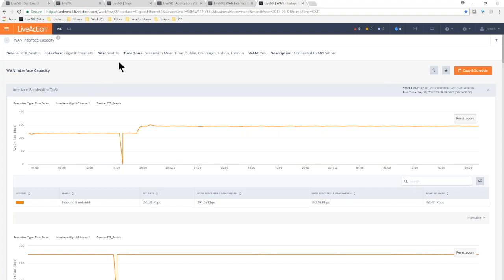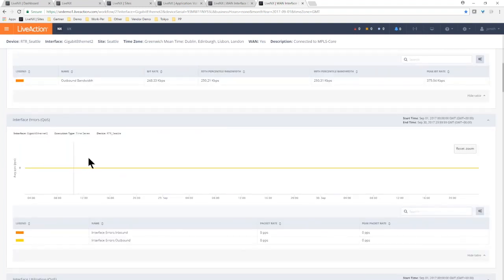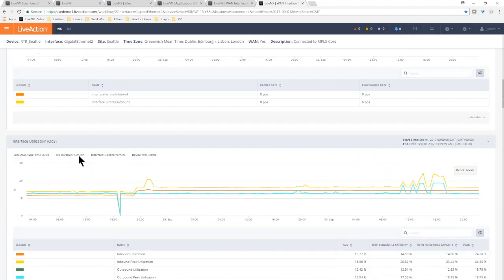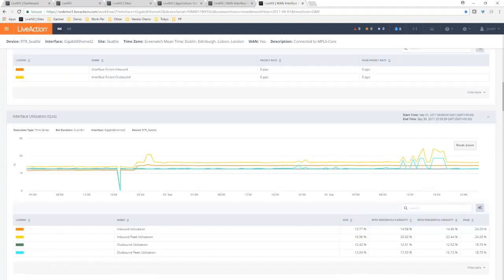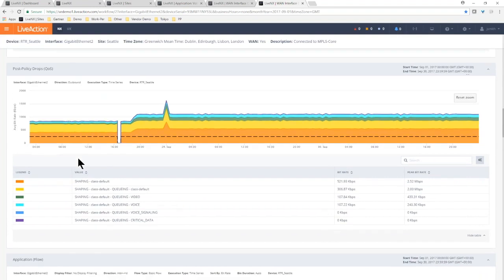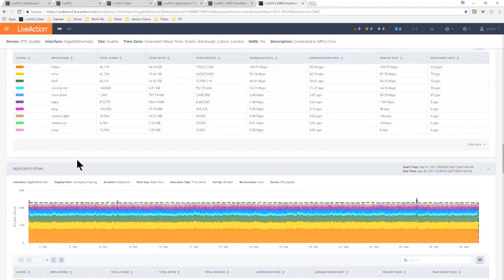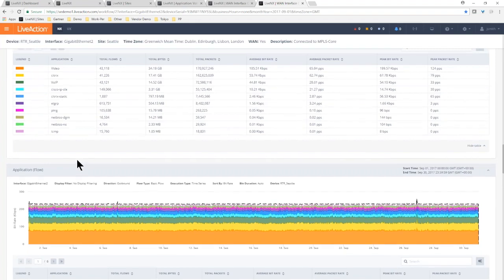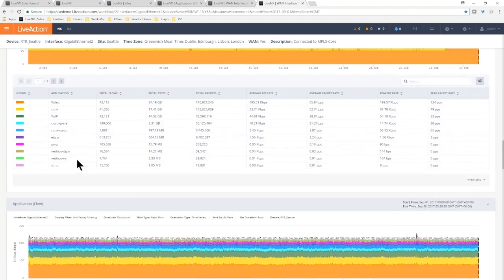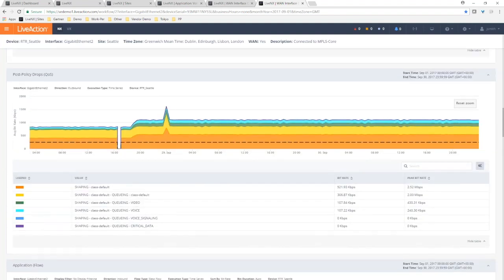So the interface bandwidth. We combine information from SNMP and NetFlow. So if you have QoS applied, we can show you all the different errors and drops that are happening. Utilization, the flow information also tied together as well. So QoS drops, application flows. So okay, on the QoS stuff, you're actually talking about traffic that's hitting particular queues and then being dequeued in a specific way, and you can see by different traffic classes what's going on.